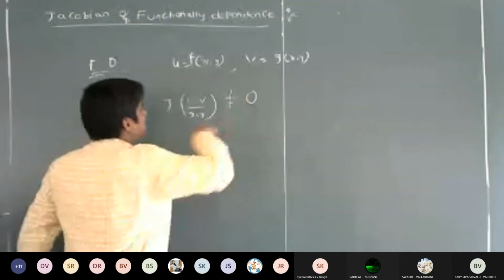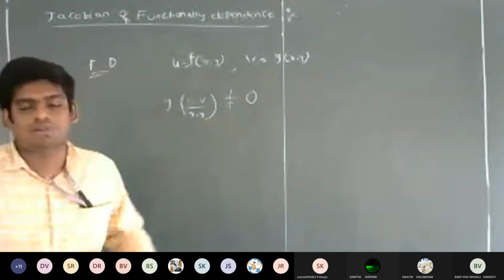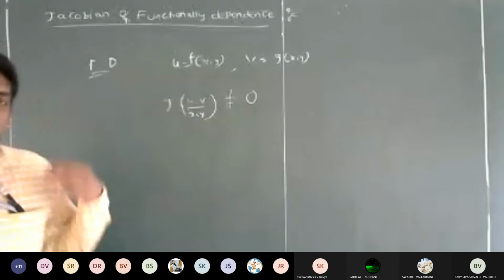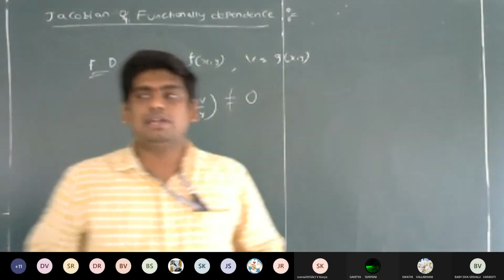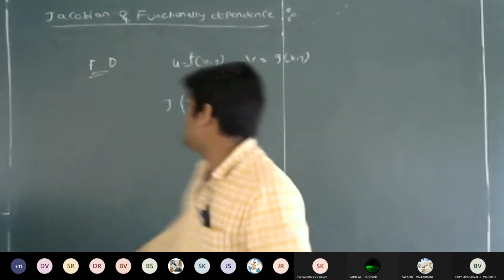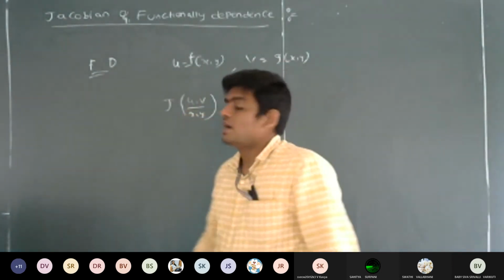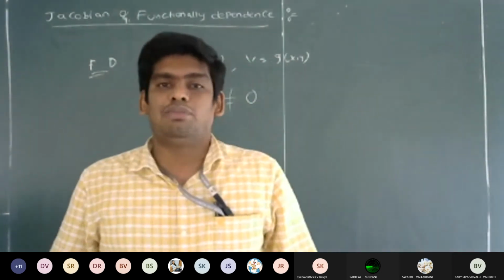Suppose the Jacobian is not equal to 0, then what do we have? The dependent variables and independent variables do not depend on each other, so there is no relation between them.